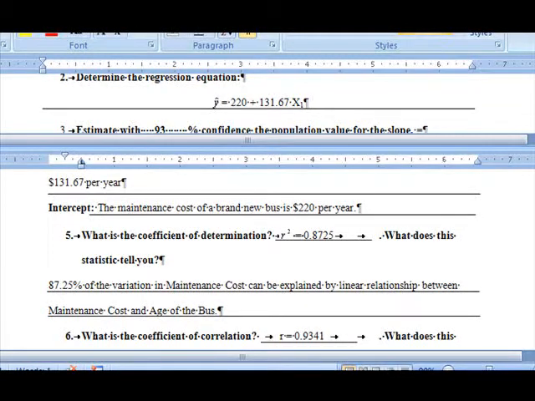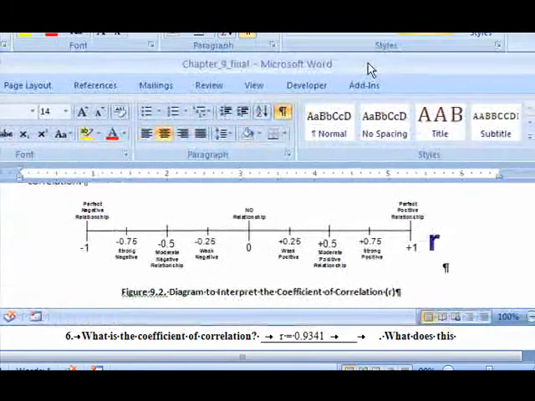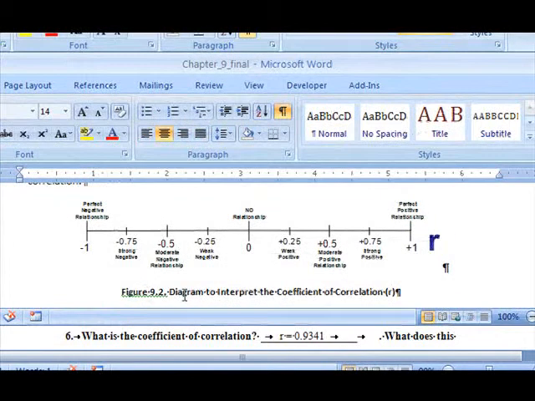A coefficient of correlation equal to 0 is going to tell you that there is no relationship at all, and that is coming from figure 9.2. So in this case, 0.934 is getting very close to a perfect relationship.